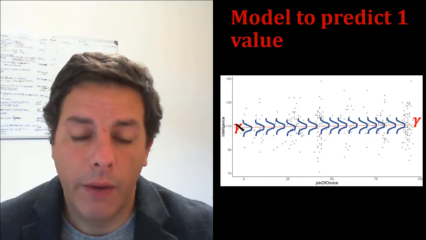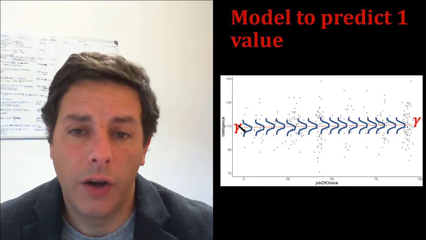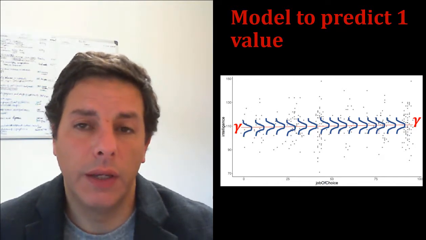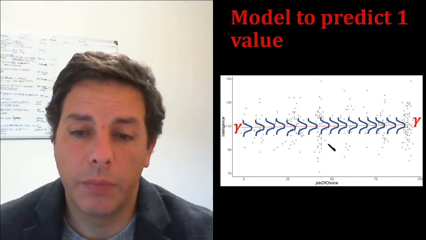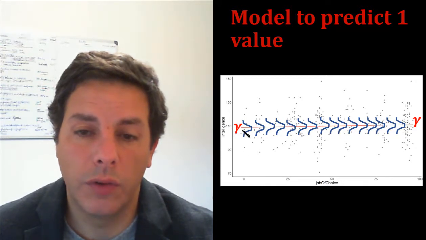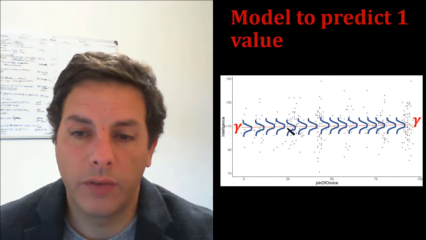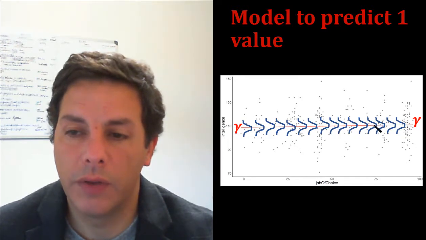So now, before we had the gamma, it was a single value in the mean model. But here, as I just explained, it takes a different value for each value of x. So for x being 0, gamma is here. For x being 25, gamma is there. For x 50, gamma is there. For x 75, gamma is there.